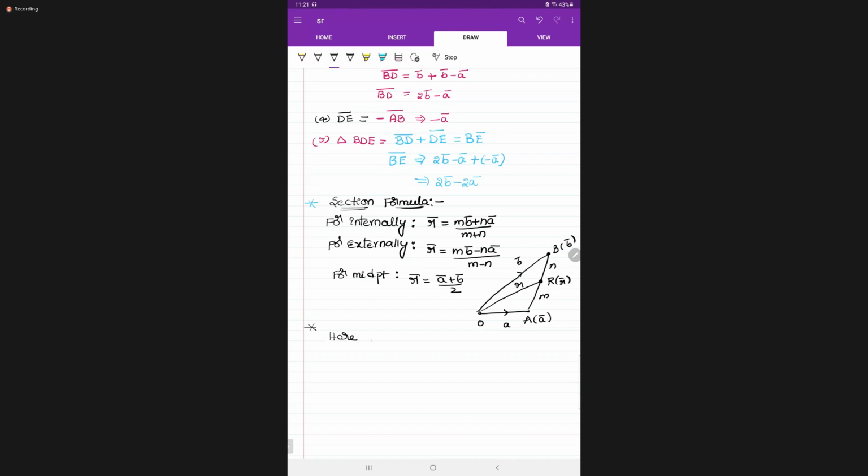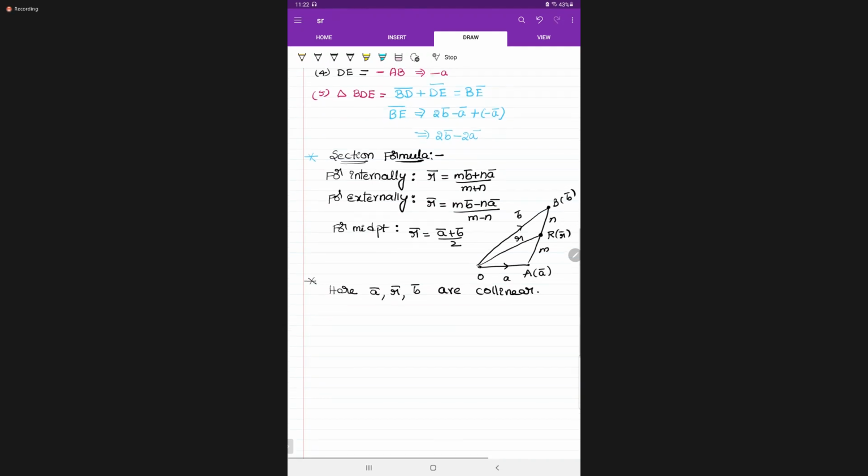Here A bar, R bar, B bar are collinear. What is the definition of collinear? Two or more points lying on the same line. Correct? Now see this diagram. How will it be? A, R, B are collinear.